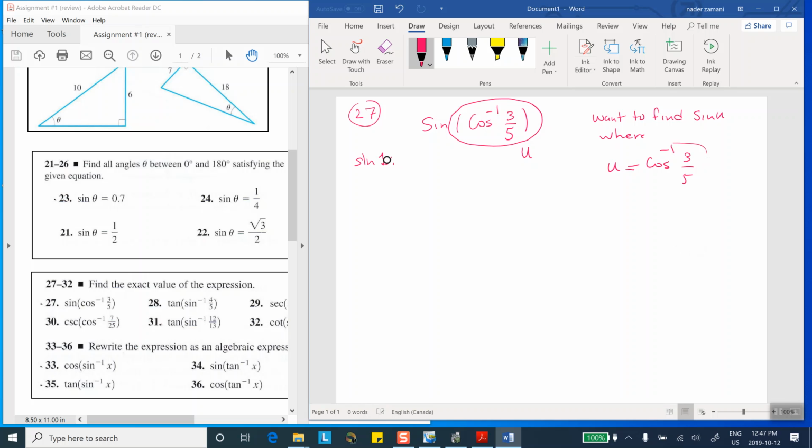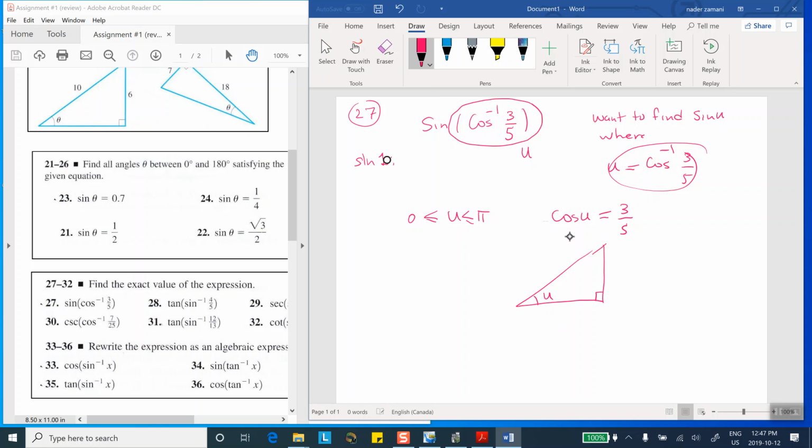Now remember, as soon as you say u equal to cos inverse of something, that u is between 0 and pi. And cosine of u is equal to 3 over 5, of course. That's the meaning of this. So they draw a right triangle with an acute angle u.